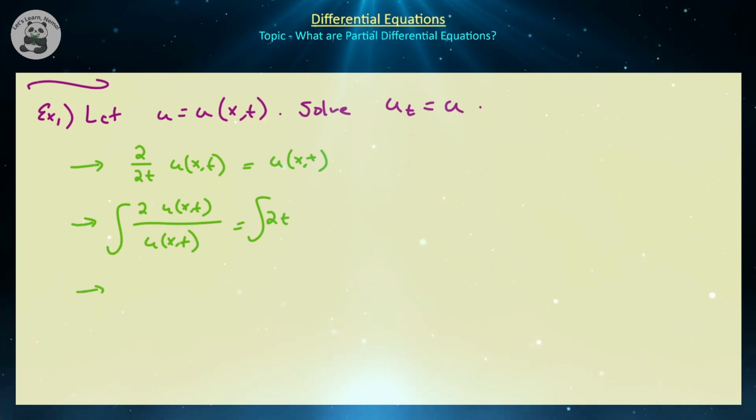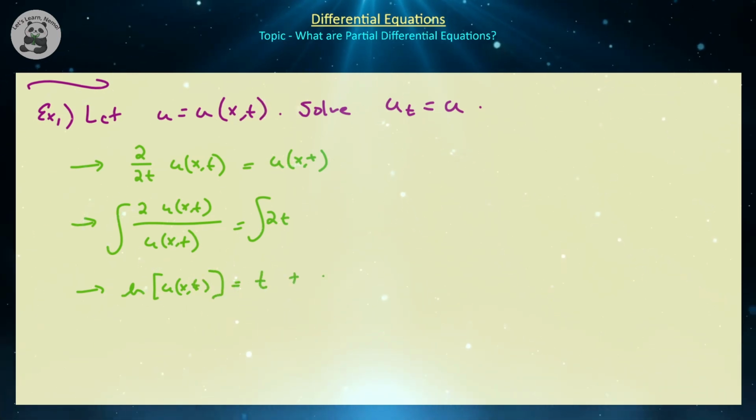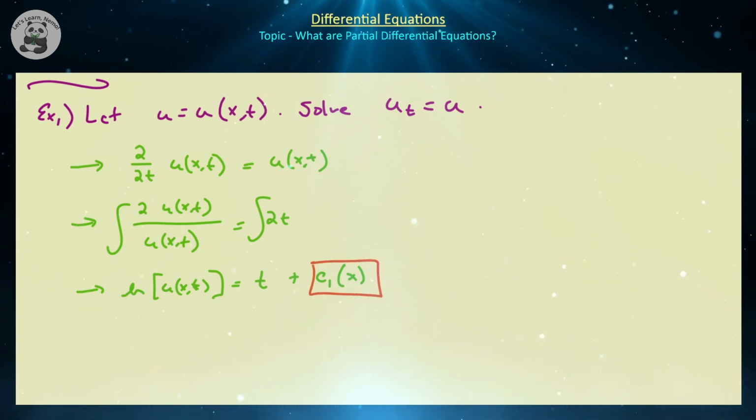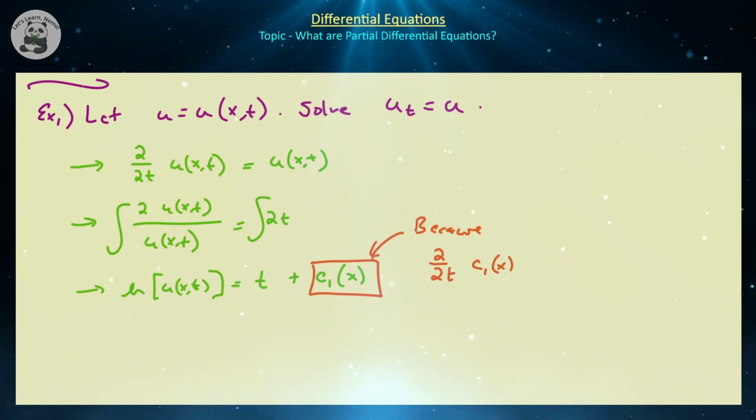Then I'm going to have the natural log of u(x,t) on the left-hand side, and that's going to be equal to t plus some constant with respect to time, in particular a function of x. Let's explore why this is the case, just in case you're not too sure. This is true because the partial derivative with respect to time of a constant function of x only is equal to 0.